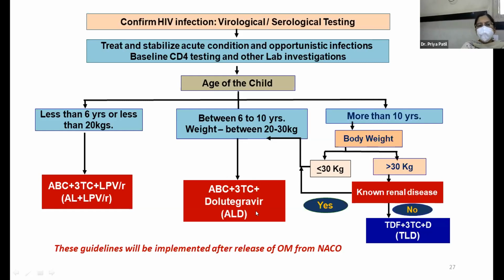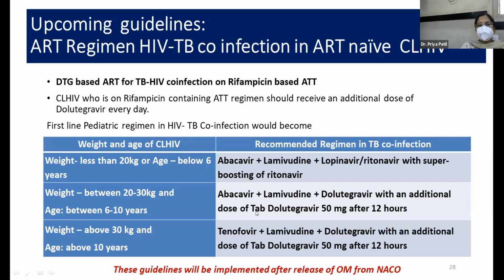Now again, upcoming guidelines for ART regimen for children with HIV-TB co-infection. So DTG based ART for TB HIV co-infection on rifampicin based ATT. Children with HIV who are on rifampicin containing ATT regimen should receive an additional dose of dolutegravir every day.